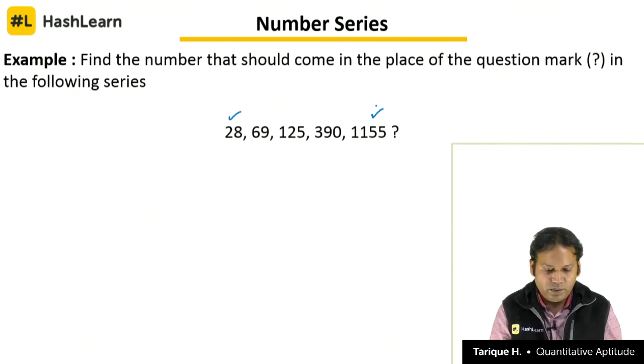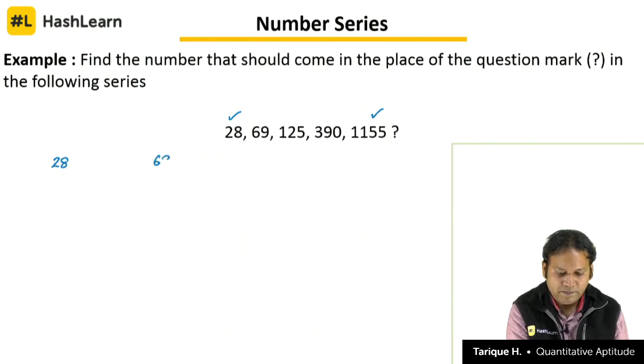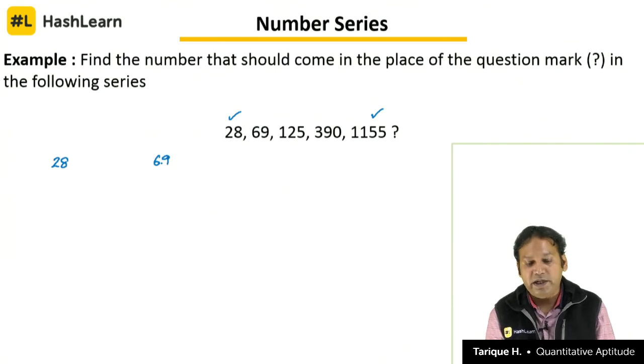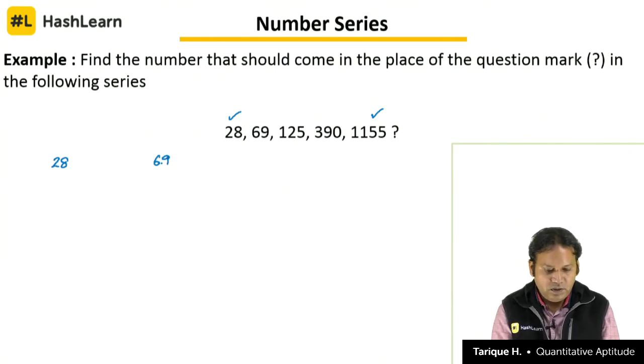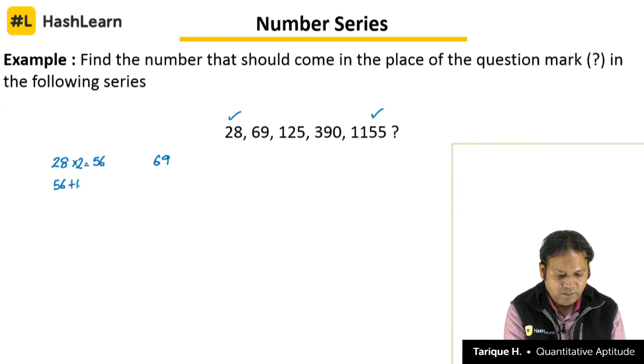So what we should start doing is to see how can we go from 28 to 69. What can be done to move from 28 to 69? So you will say that 28 into 2 should be a good way to go forward, right? So 28 into 2 is 56 and 56 plus 13 is equal to 69.